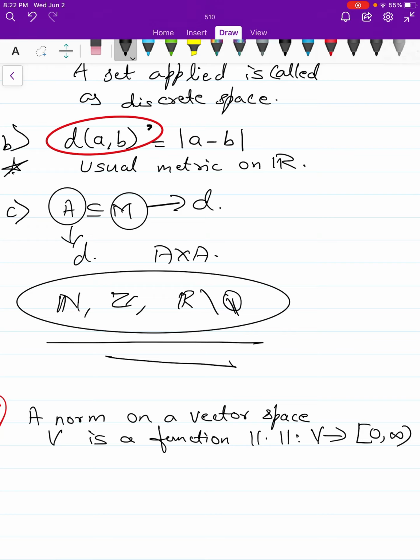You will see that is a part of your homework problem: to prove that every norm induces a metric, satisfying certain conditions.